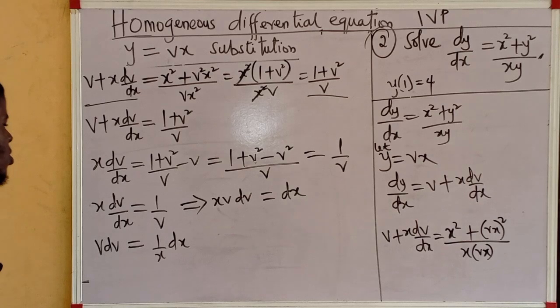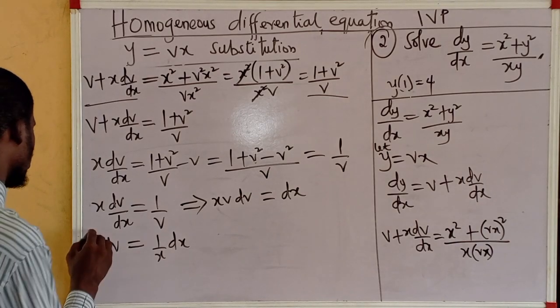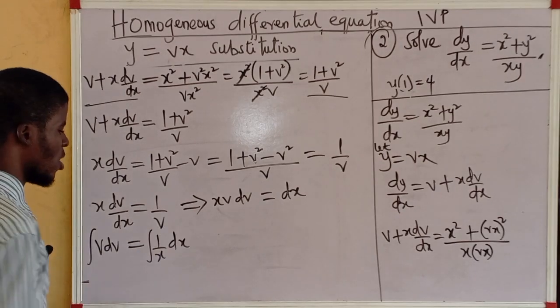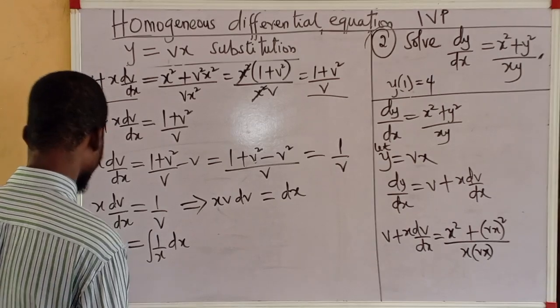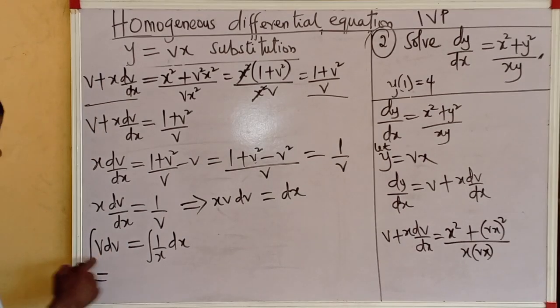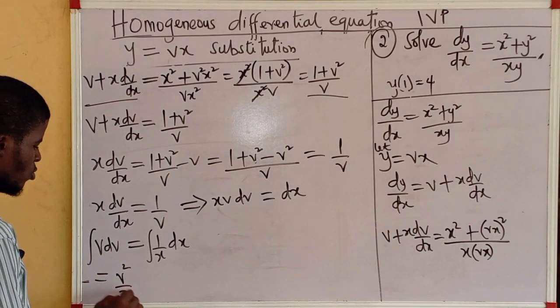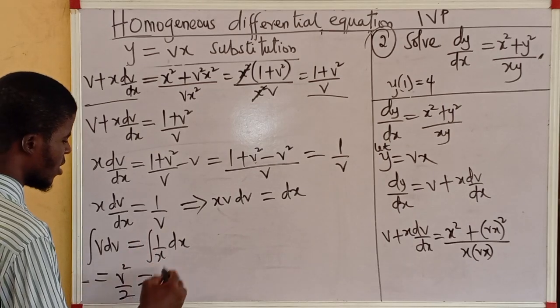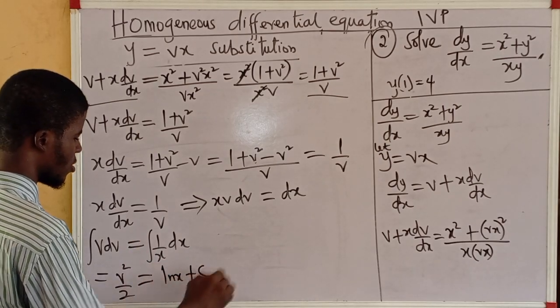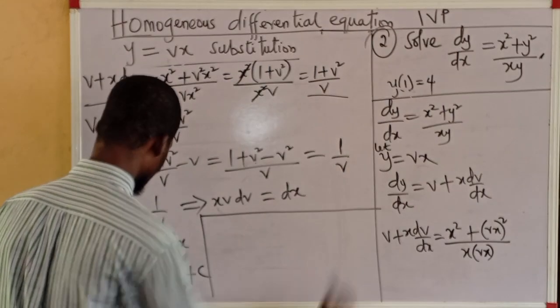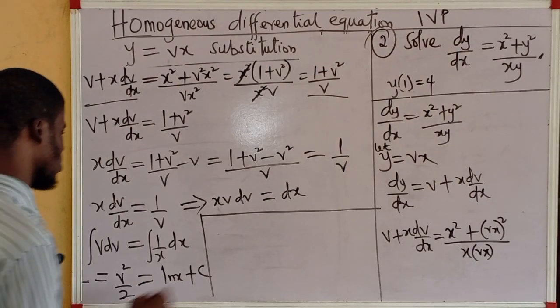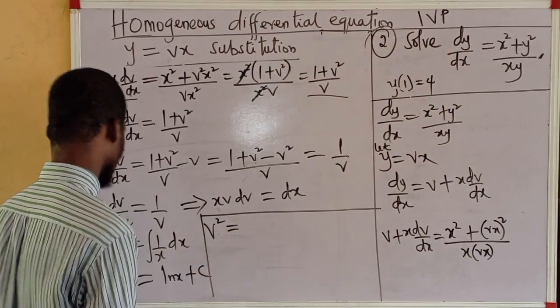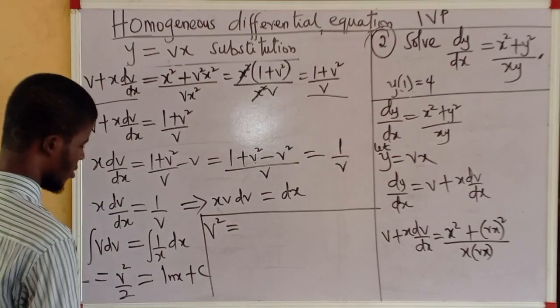So at this point, we can now integrate both sides. To integrate both sides, we'll have this. The integral of v dv is v squared over 2. And we'll have the integral of 1 over x dx is what? ln x plus c. Let's cross multiply now. v squared will be equal to what? 2 times everything here.